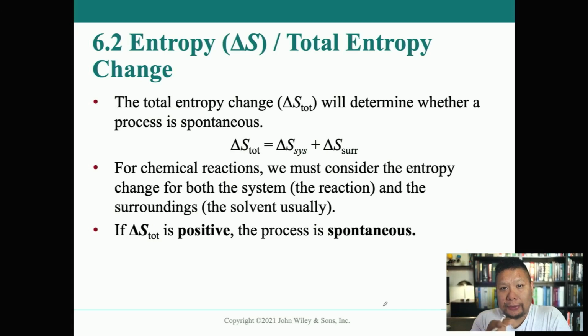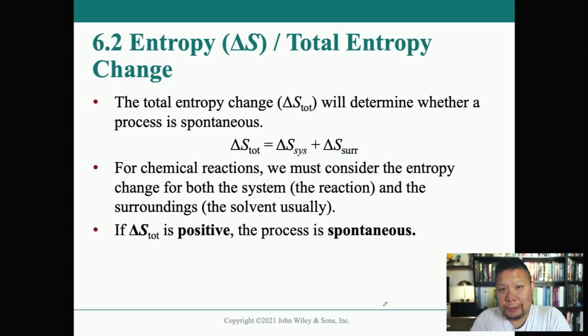So the delta S total, or the total amount of disorder, is equal to the system's total amount of disorder or entropy, plus the surroundings' amount of entropy, or disorder.